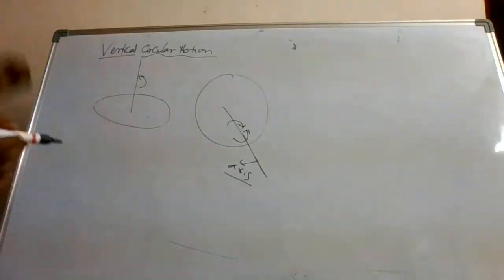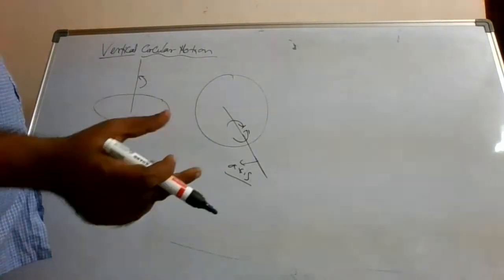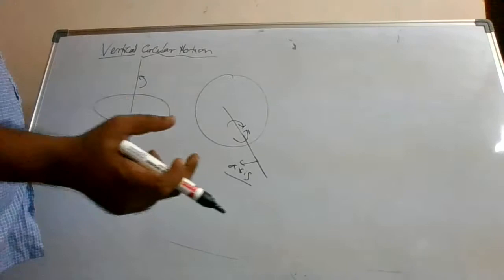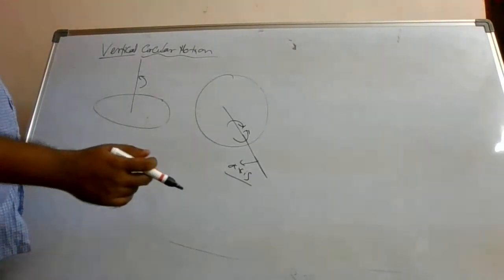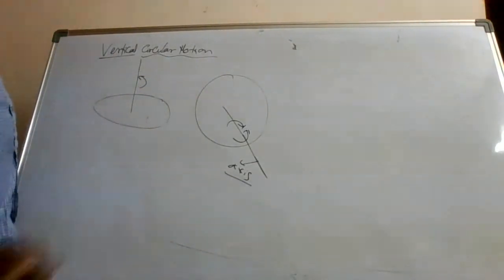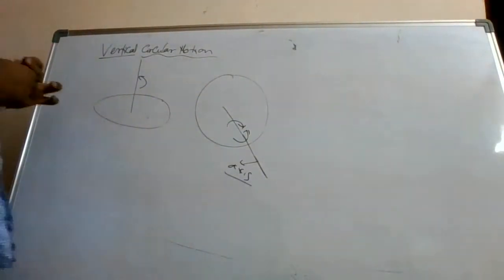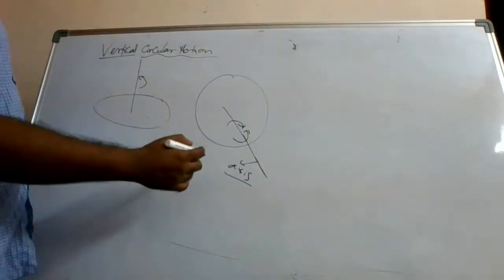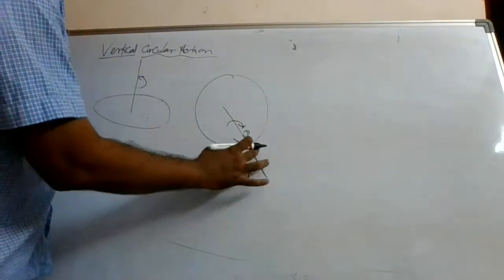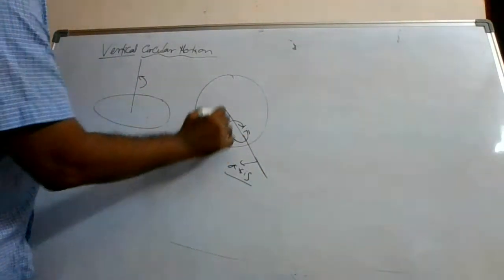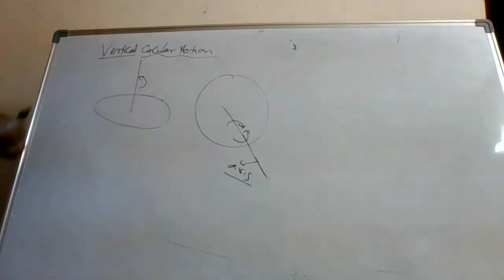Example, I told you that you take a string, you tie a stone to it and rotate it in a vertical fashion. So here each point will have... just a minute.